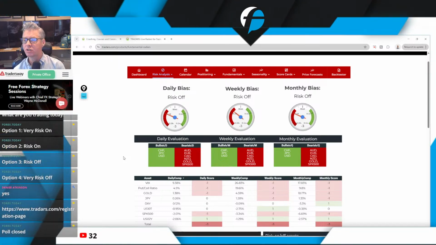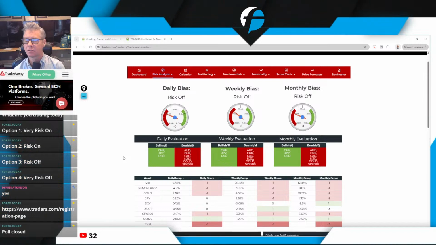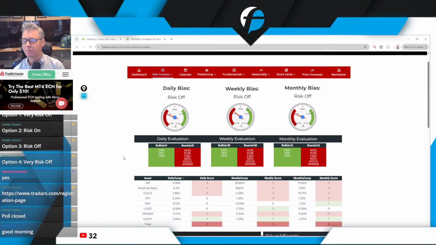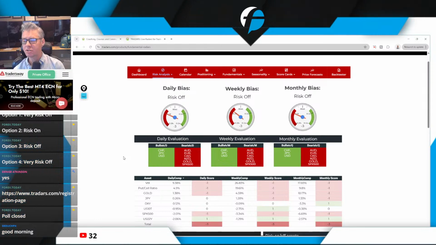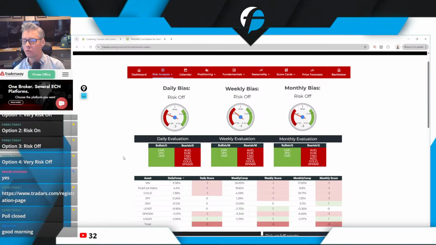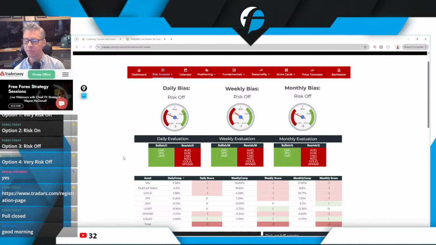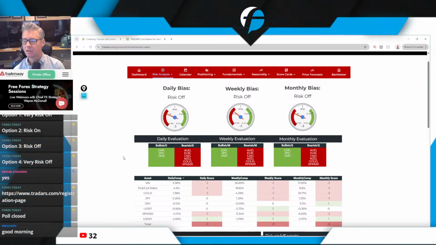I mean, if we just look at weekly here, volatility is up. Options traders are buying puts. Gold is up on inflationary worries. Yen is up because the Japanese stock market just dropped 4% today. Dollar's flat.